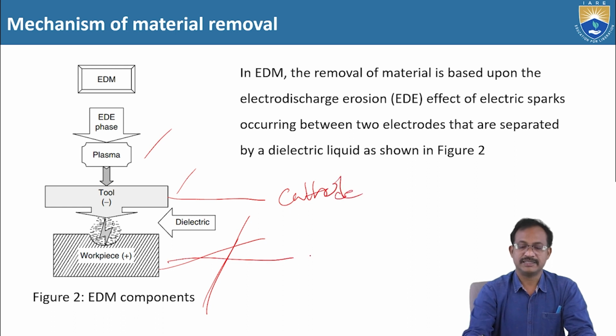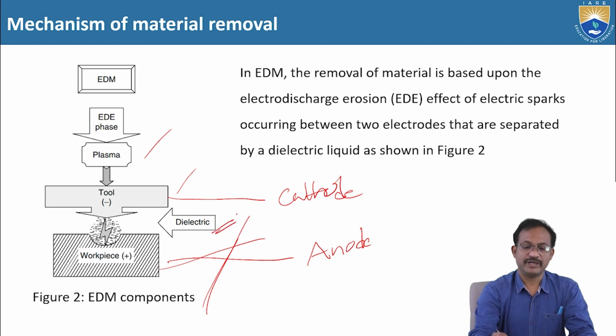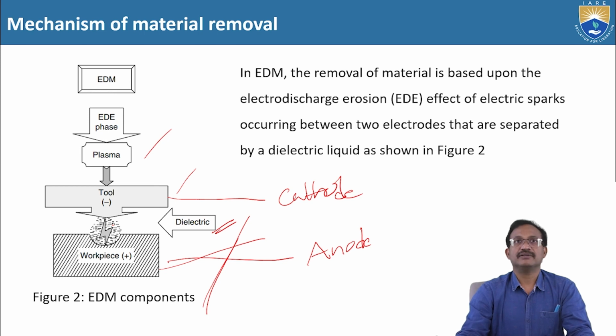This is the anode, positive electrode. This is the dielectric fluid. And here the arc generates between the tool and the workpiece, so that arc hits the workpiece so that the material removal will take place. Now let us see the heat affected zone of this workpiece and the other things in the subsequent slides.